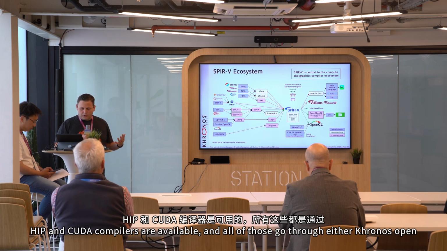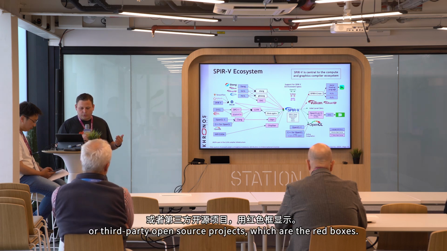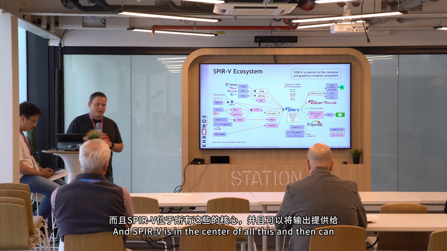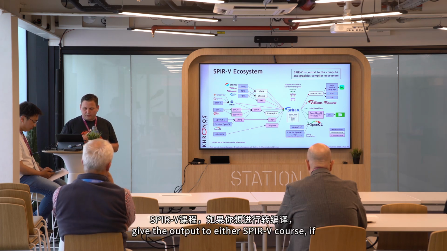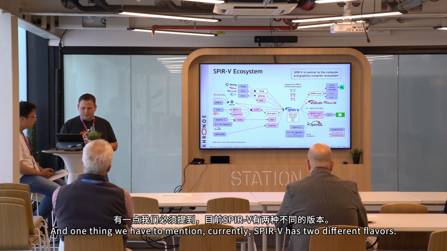And all of those go through either Khronos open source projects, which are the yellow boxes, or third-party open source projects, which are the red boxes. And SPIR-V is in the center of all this, and then can give the output to either SPIRV-Cross if you want to transpile, or to Vulkan or OpenCL.